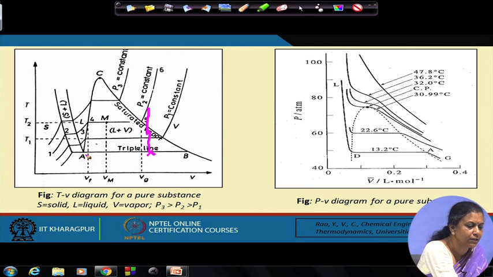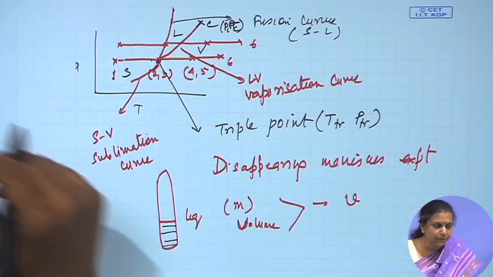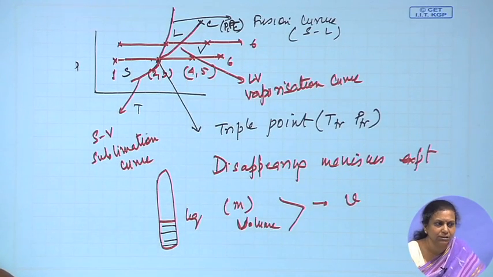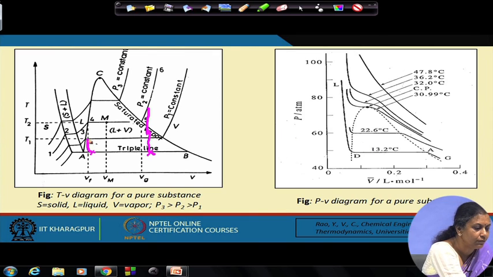Suppose you have started with a very low molar volume, for instance somewhere here. Now, you keep on heating it. Just notice, again you are following a vertical line.